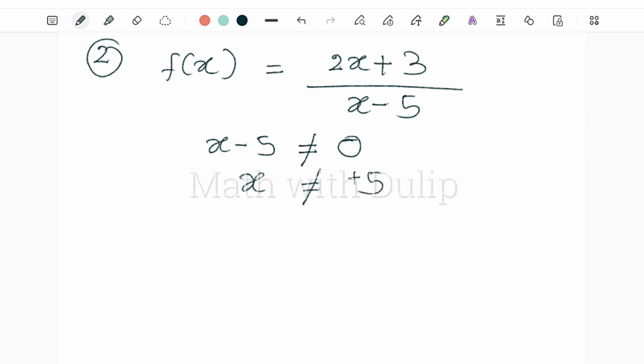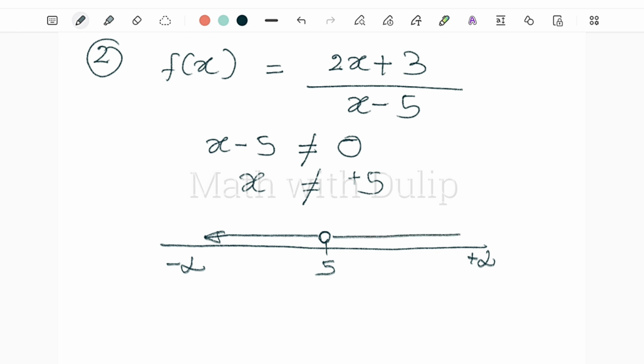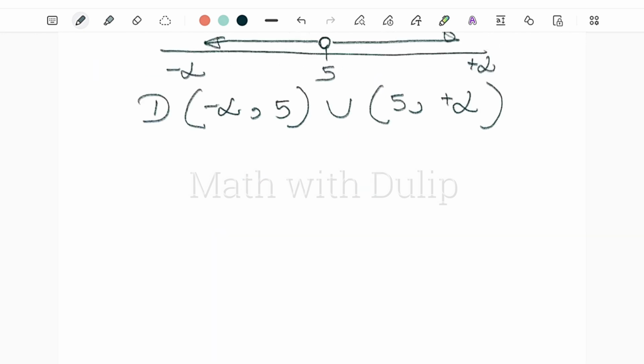On the top, x could be any value. If I mark this on the number line, 5 is excluded, and everything from negative infinity to positive infinity otherwise is allowed. So I can write the domain as (-∞, 5) ∪ (5, ∞), right?